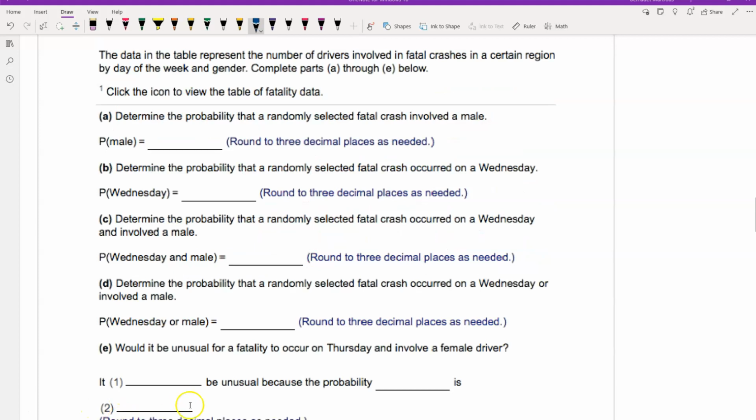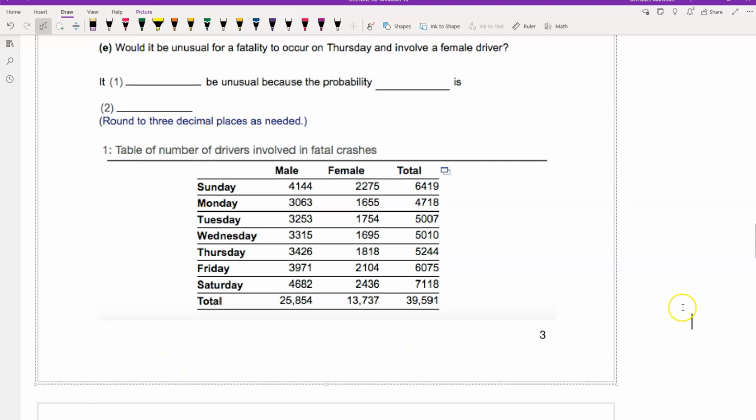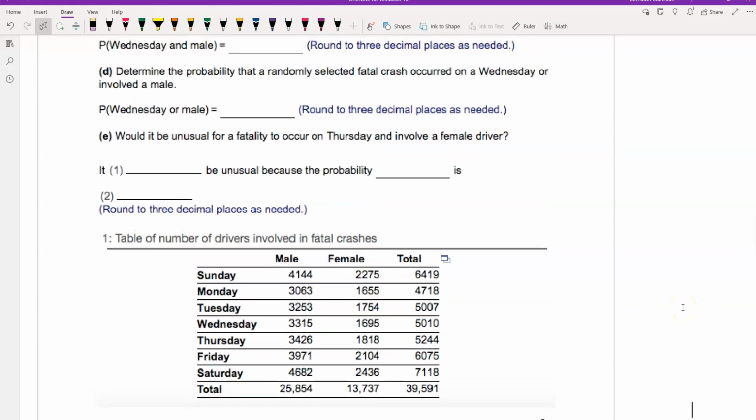Now here on this part, we're going to work based on this data set. We have Sunday, Monday, Tuesday, Wednesday, Thursday, Friday, Saturday, and we have the columns male, female, total.